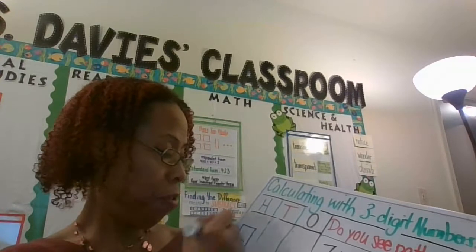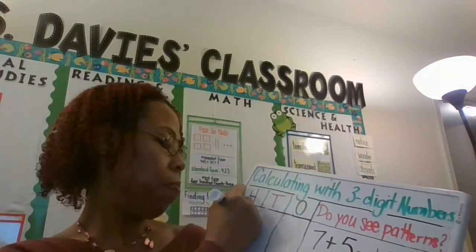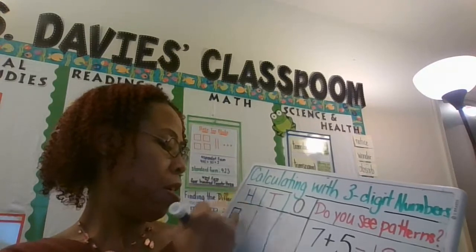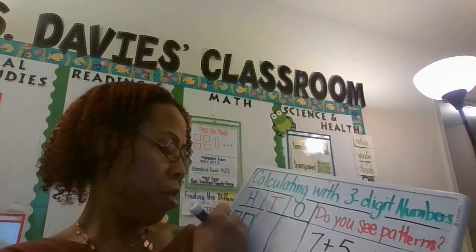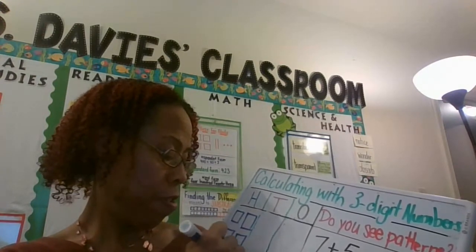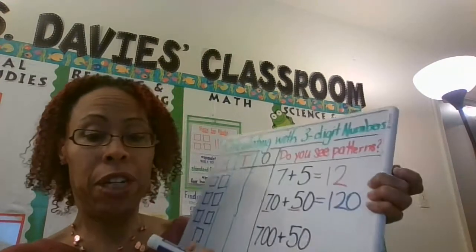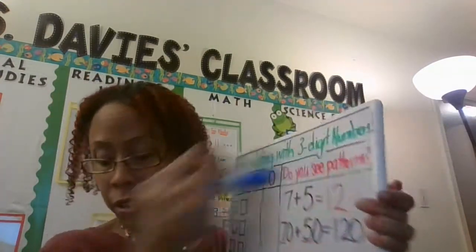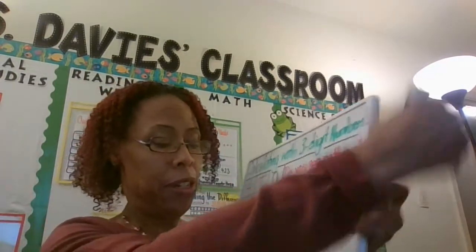Are we going to have enough room? We should make these very tiny. Okay, so 1, 2, 3, 4, 5, 6, and 7. 700s, and not 50 tens, but 5 tens.